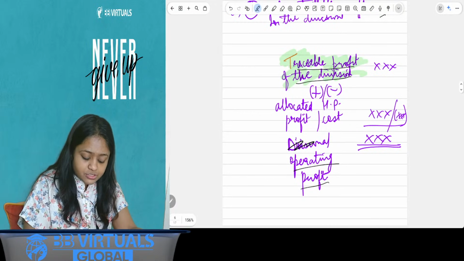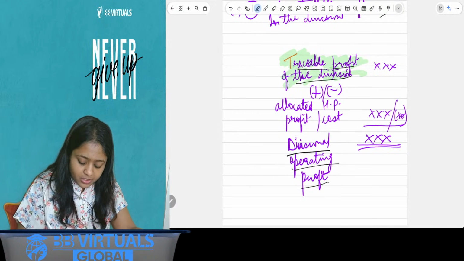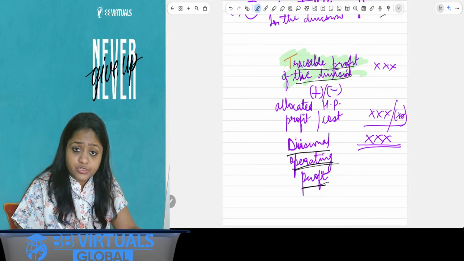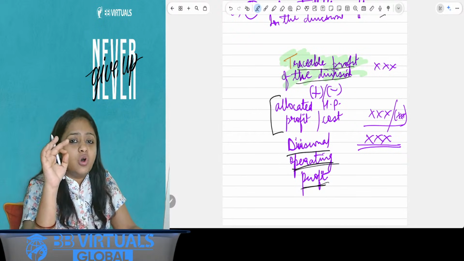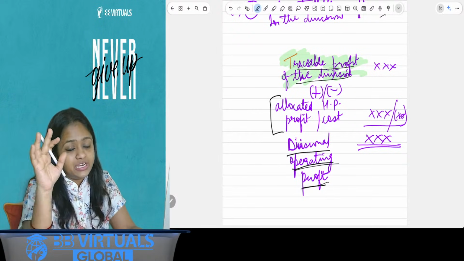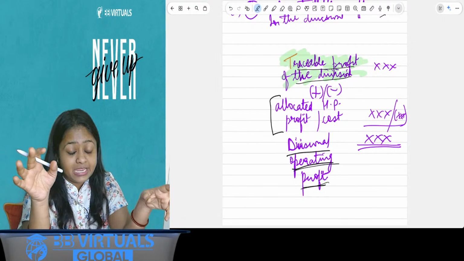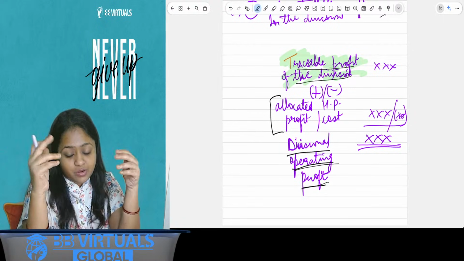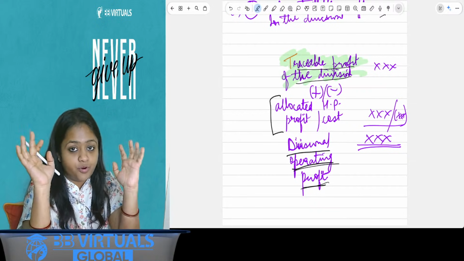Because allocated head office cost or revenue is not a part of the traceable profit, right? It is not traced to the division directly. Hence, we add them later on and we call it divisional operating profit.